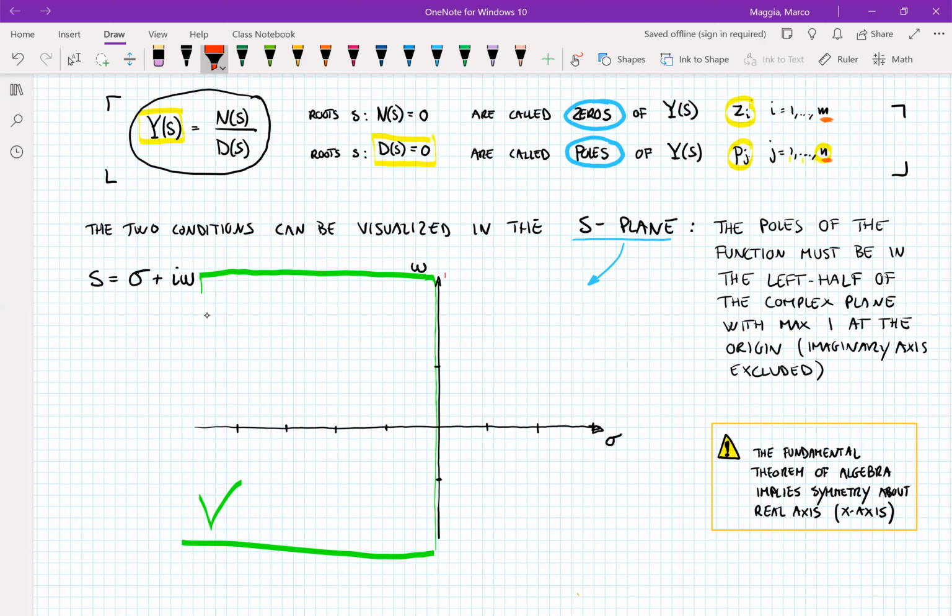Whereas in the right half plane, including the imaginary axis, this is not okay. However, the origin, that is when the root is equal to 0, is also okay if we have at most one pole at the origin.